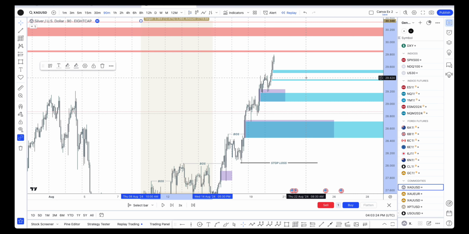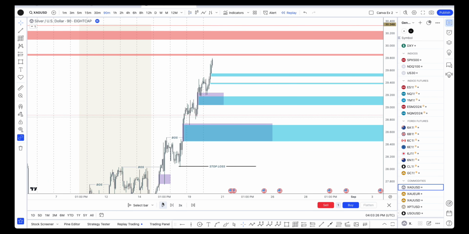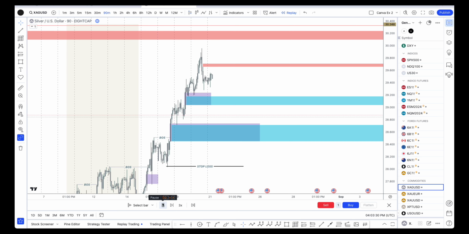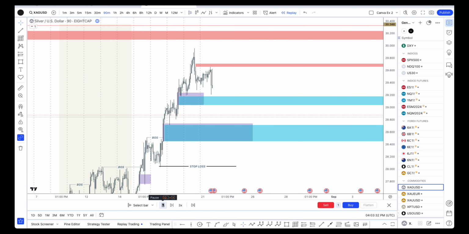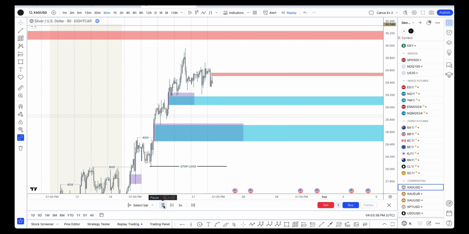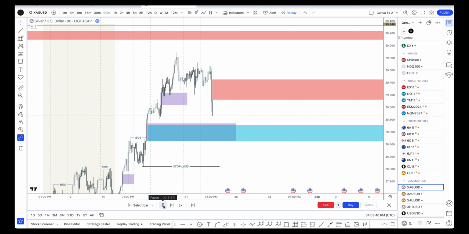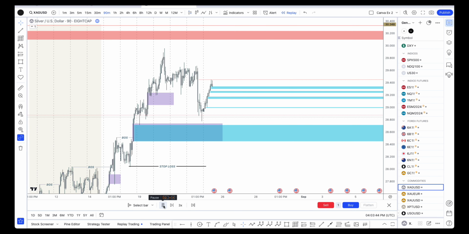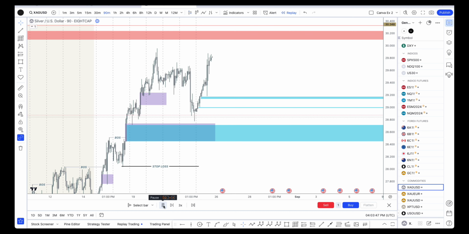Now we're going to target more fair value gaps. Okay, price might reverse since we didn't break structure towards the upside. Okay, there we go.